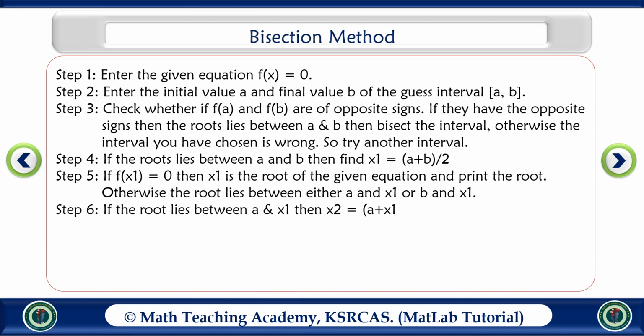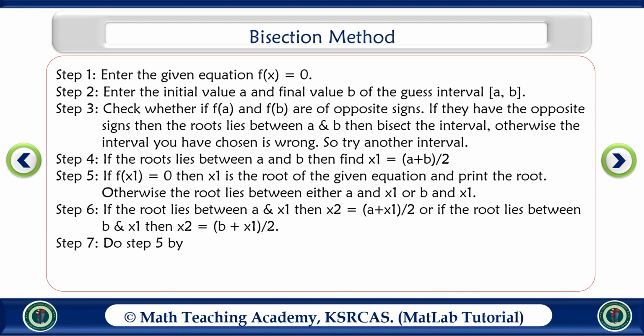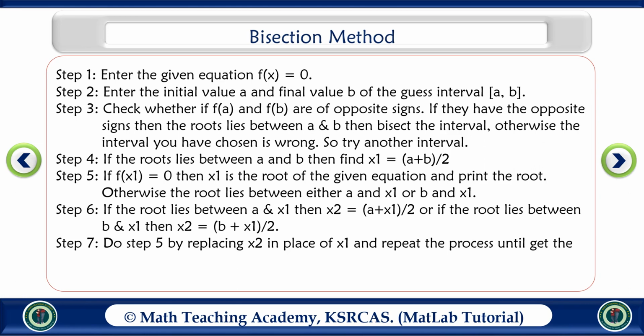If the root lies between a and x1, then bisect a and x1 and store it as x2. Or if the root lies between b and x1, then x2 becomes b plus x1 by 2. Step 7. Do step 5 by replacing x2 in place of x1 and repeat the process until we get the desired root. So this is the algorithm to find the root using the bisection method.